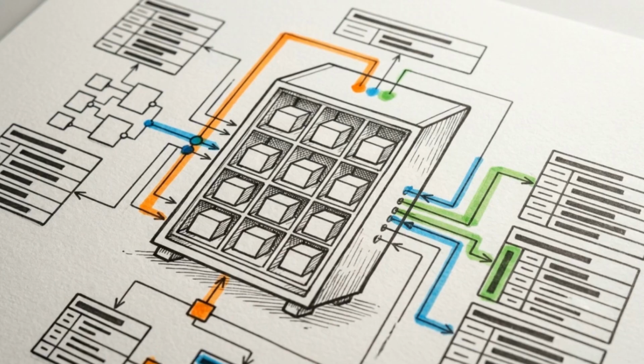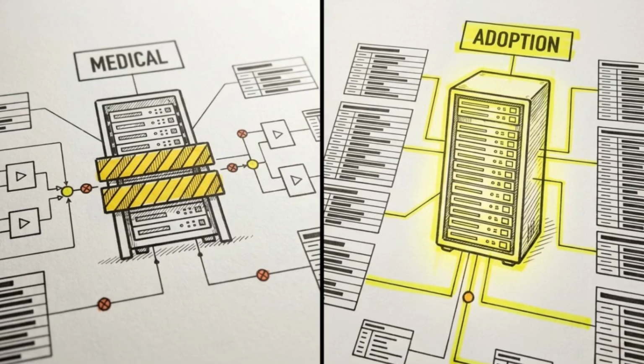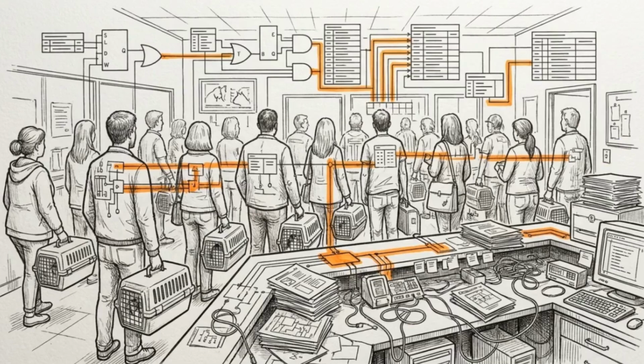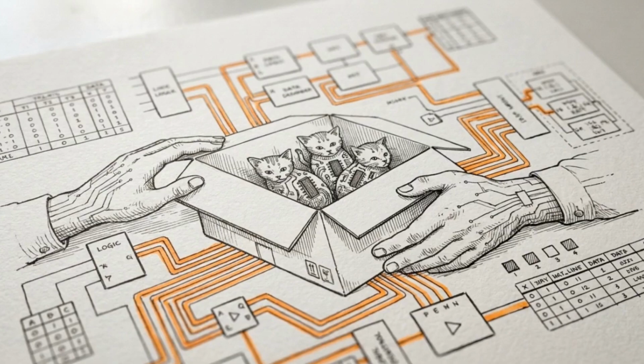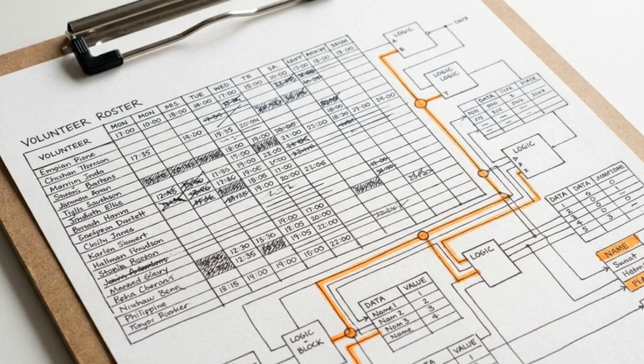The system's speed and reliability are a direct result of precise data normalization. By decoupling the modules, the architecture ensures that a change in one domain never destabilizes the others. Think back to that initial physical chaos of the rescue environment, the overlapping medical emergencies, complex foster placements, and overlapping volunteer shifts.